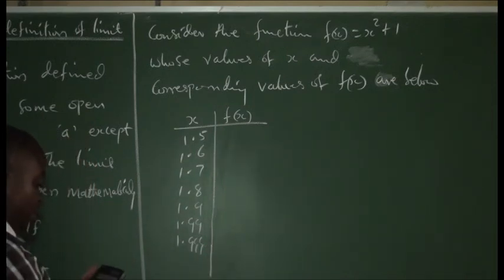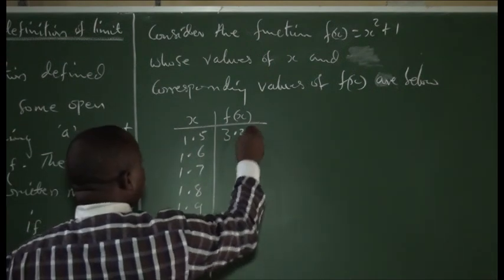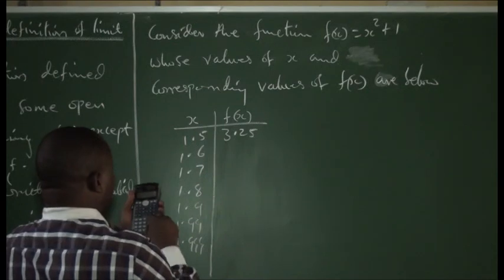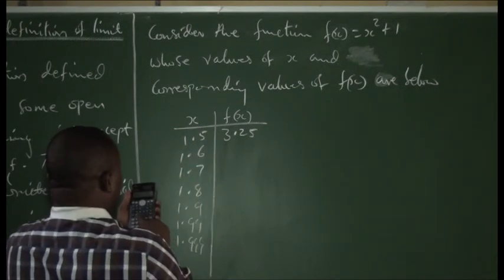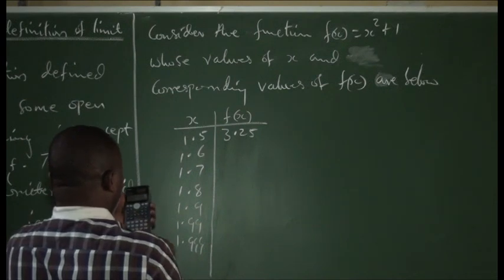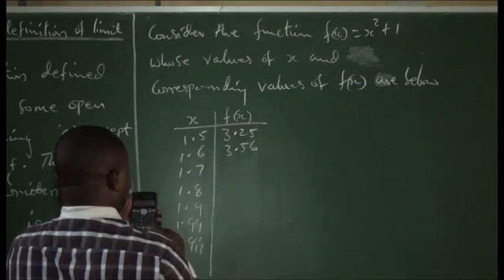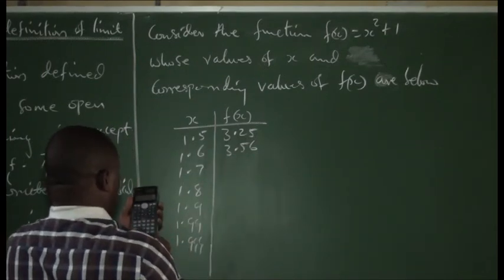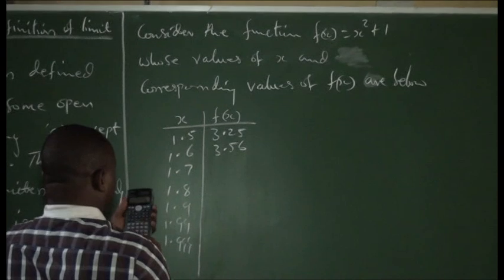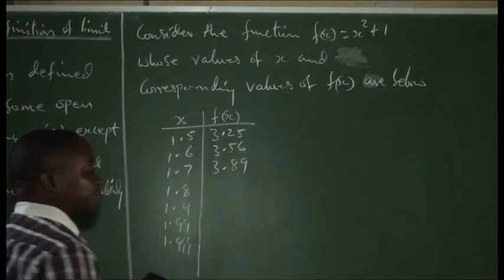And in this function, we have corresponding values: 3.25 is the corresponding value for 1.5. Then 1.6 squared plus 1 gave us 3.56. 1.7 squared plus 1 gives us 3.89.